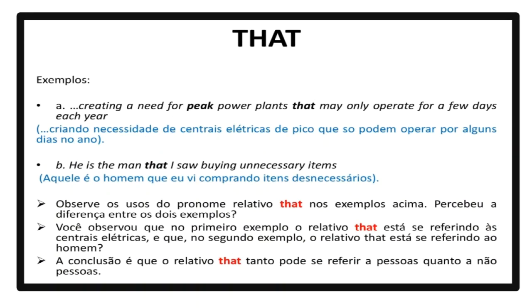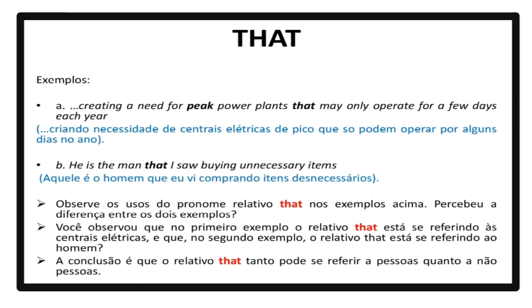Let's talk about that. Letter A, creating a need for big power plants that may only operate for a few days each year. Here in this example, that is referring to power plants. Letter B, he is the man that I saw buying unnecessary items. That is referring to the man. So, can you see the difference?